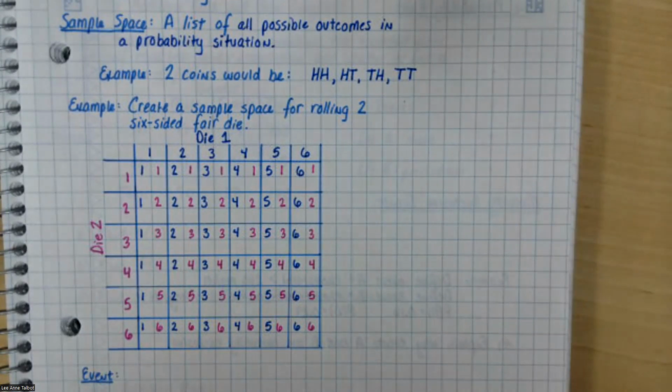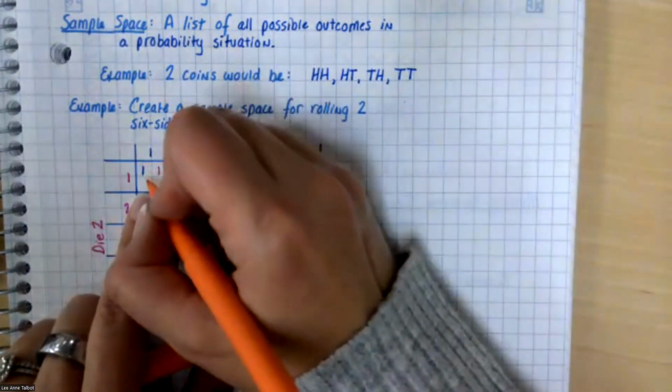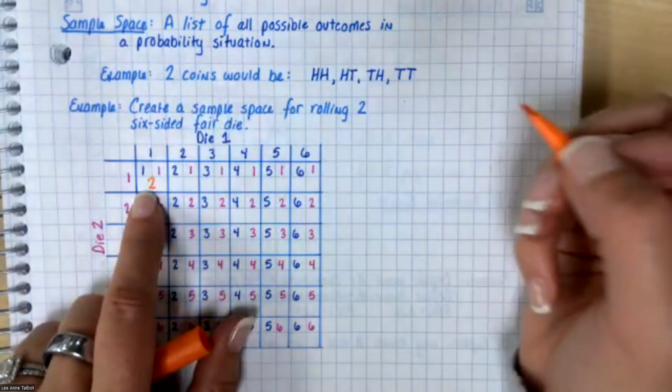Okay, now I'm going to take my third color and I'm going to find the sum. So when I add what I got in my rolls, so this is a 1 and a 1, so my sum would be 2.